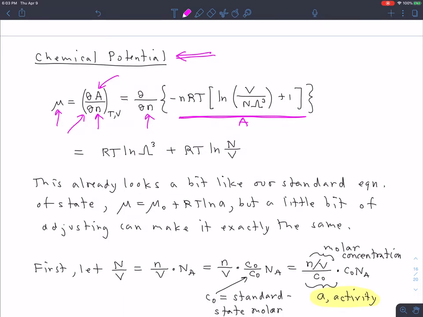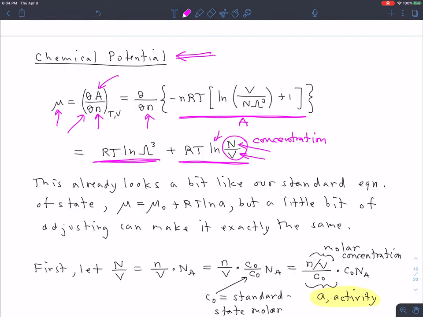And if we do a little bit of algebra on that, then we get the following: a leading term that doesn't depend on concentration-like things, and another term that involves the logarithm of something that looks like concentration. It isn't exactly concentration yet because it's the number of molecules, not the number of moles, divided by volume.